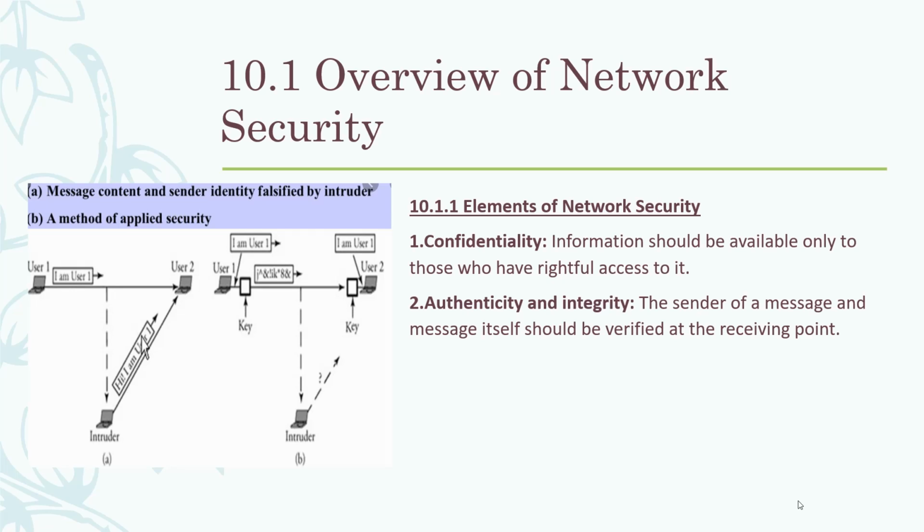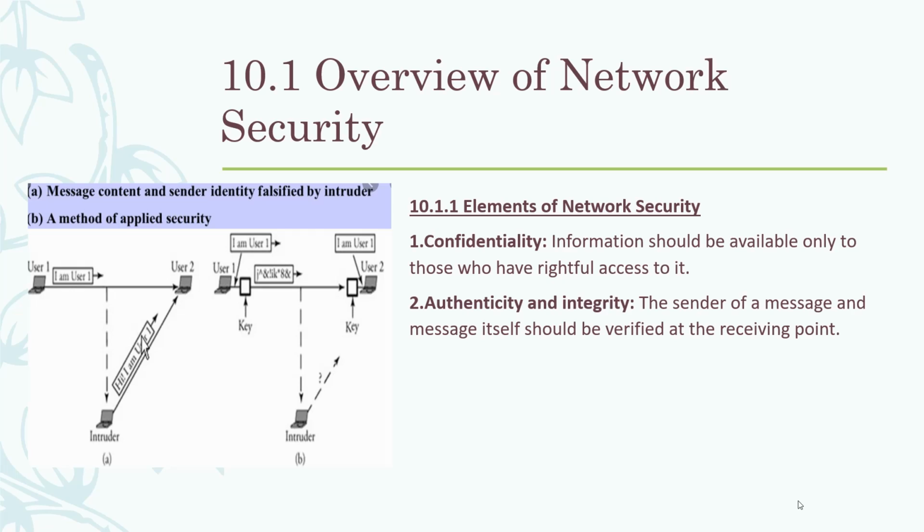Now the content is changed to I am user 2 and it is sent to user 2. User 2 may not know that this falsified message is not from user 1 because there is no authentication. Authentication means there is no way to determine whether the message is from user 1, and also the content of the message, that is the confidentiality, is also lost.